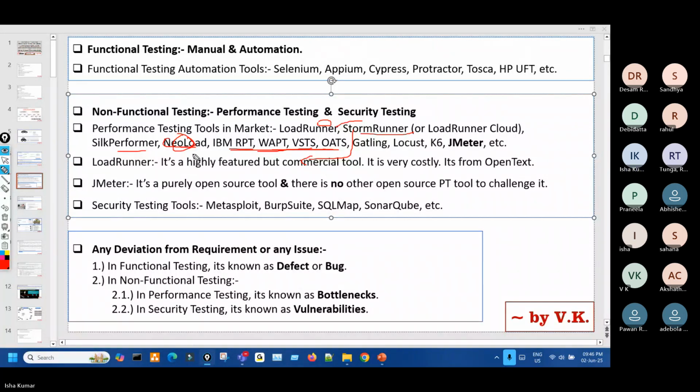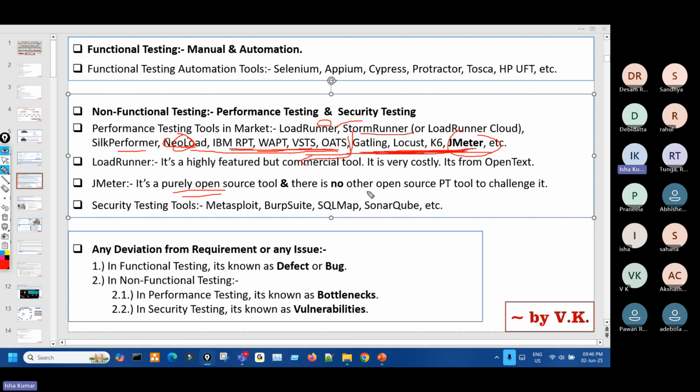So to avoid that, cost cutting, the financial efforts here, right? And moving towards open source, we have these tools here, which are kind of open source. But in this also, JMeter is a pure open source tool. Understand? JMeter is a pure open source tool, okay?